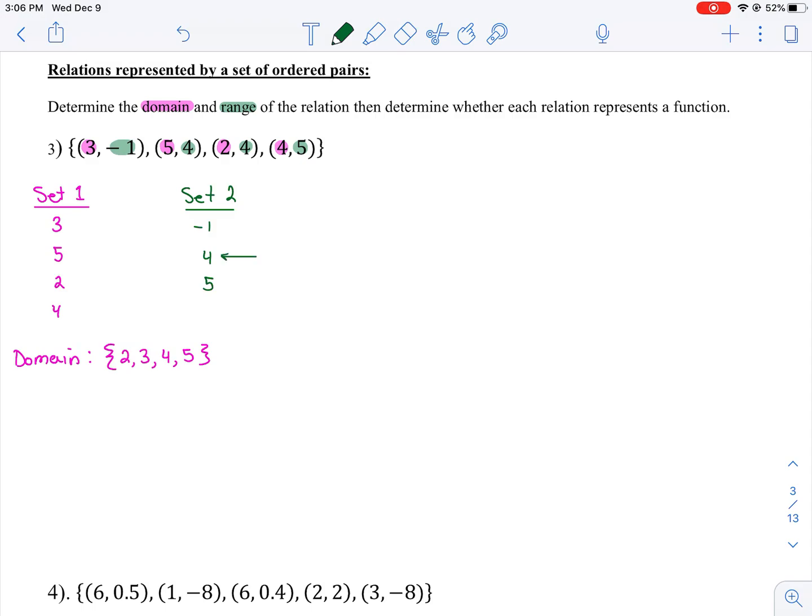And notice, even though 4 appears twice in this relation, we're only going to write it out once when writing the domain and range. So the 4 is written only once. All right. So the range written in numerical order is going to be -1, 4, and 5.